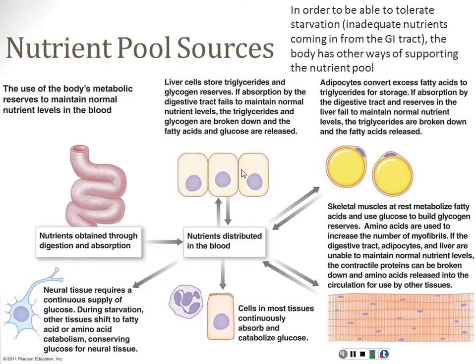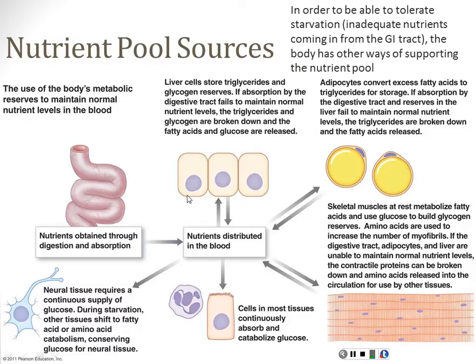So what does the body do when that is the case? Of course the severe form of that is starvation, where there's no food available in the environment, so the nutrient input goes way down. How does the organism survive that metabolic challenge?